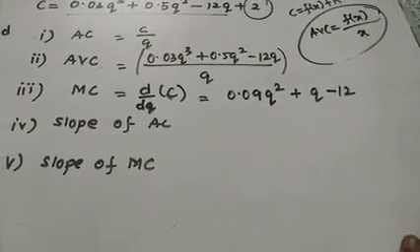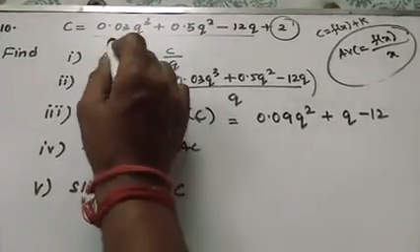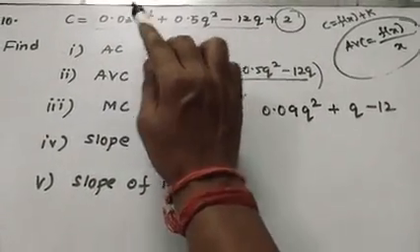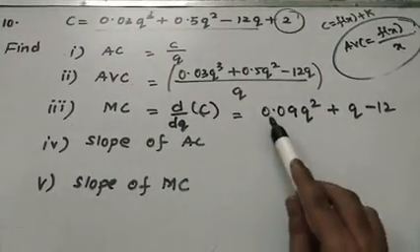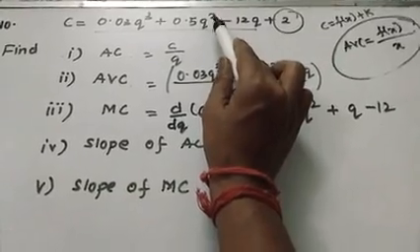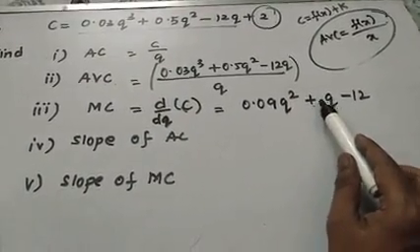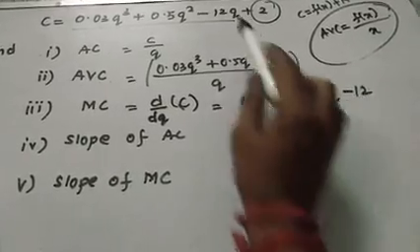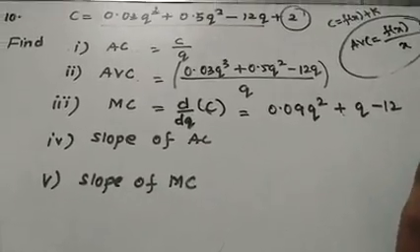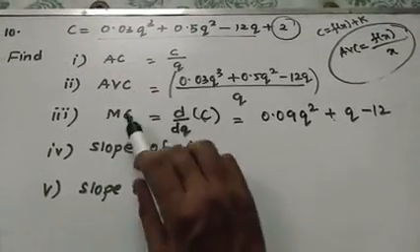Marginal cost equals the derivative of total cost. You have to differentiate this part. The q cube derivative is 3q square, that means 3 into 0.03 is 0.09 q square. The q square derivative is 2q, 2 into 0.5 is 1, so I'm just writing q. Minus 12q, the q derivative is 1, so 12. So this is the derivative of total cost, that is your marginal cost.